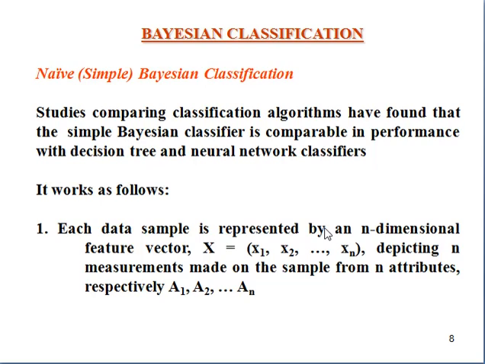It is a very important point that for these two very commonly used classifiers, decision trees and neural networks, which we will see in upcoming lectures, people give preference to naive Bayes because it is comparable in performance and gives very good results with less computation cost.